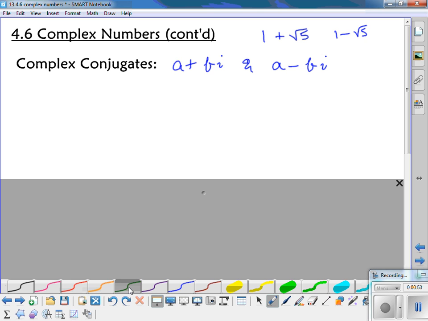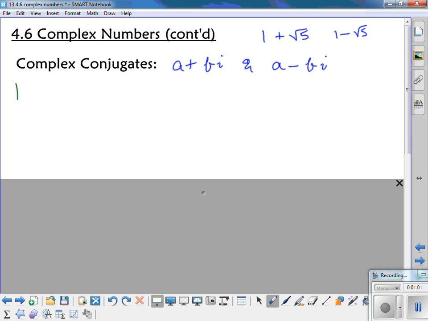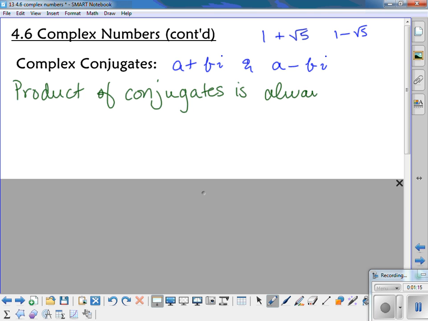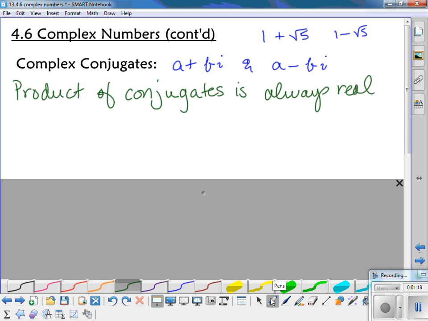Well, a similar thing's going to happen here. If I multiply my conjugates together, the imaginary part's going to go away. And so the product of the conjugates is always real. And I'll just do a quick little example just to show you that that works.